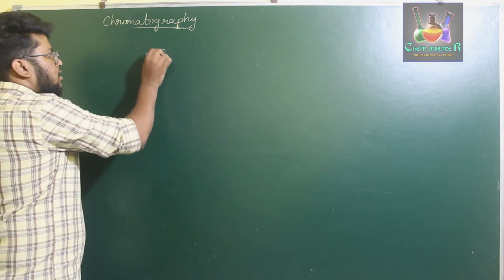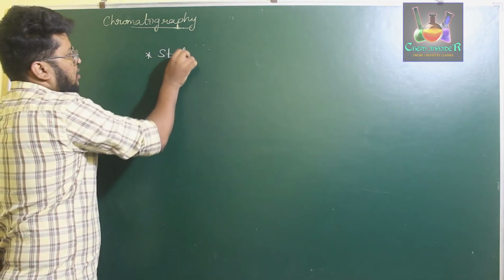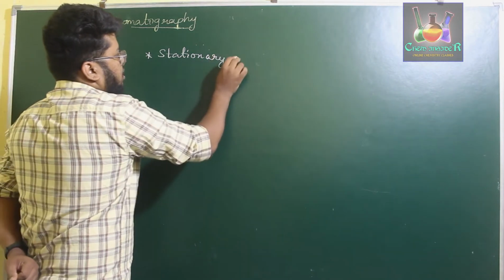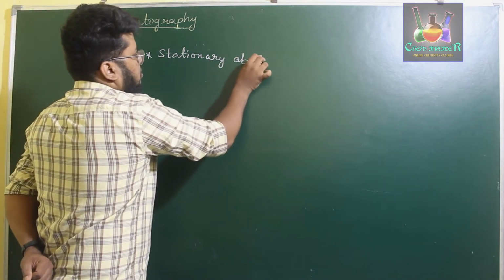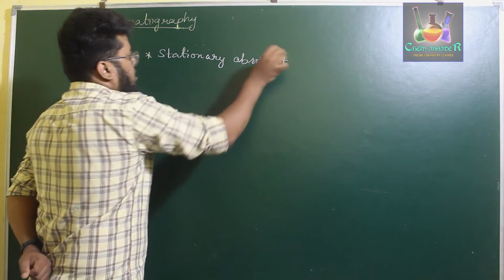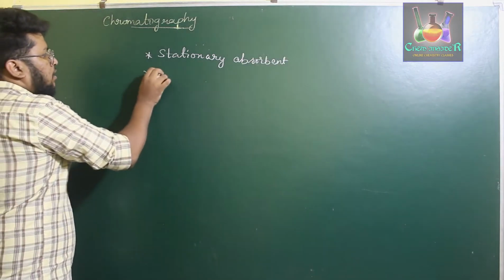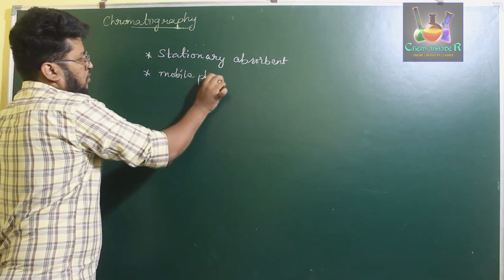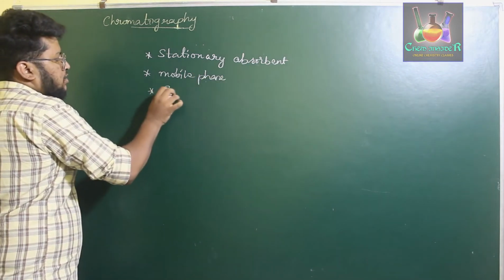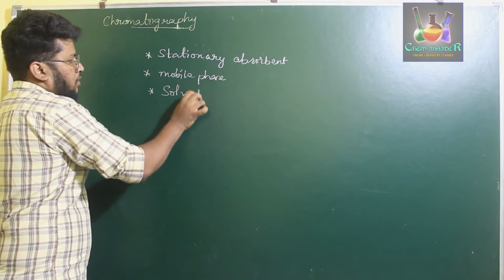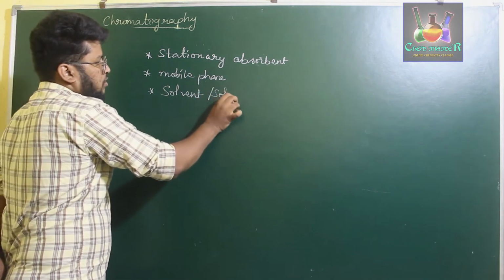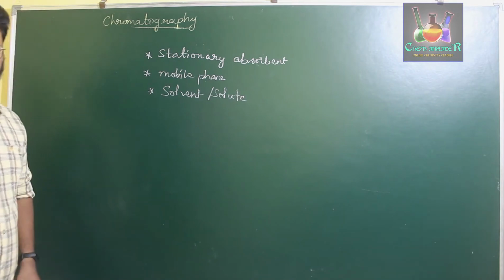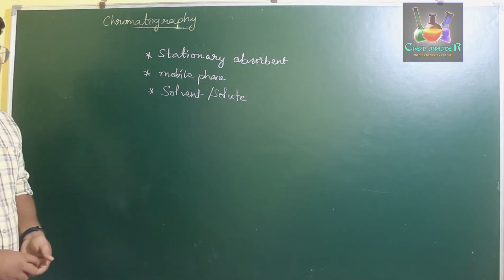One is a stationary phase, stationary adsorbent, and second one we have a mobile phase, and third one is the solute or organic compound which you have to separate through the chromatography technique.